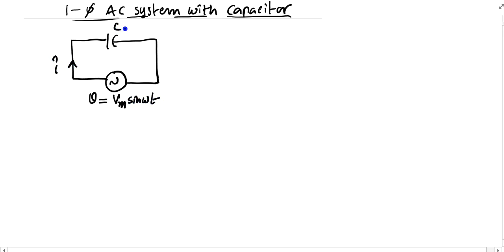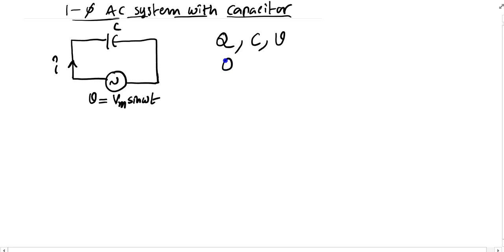As we know, a capacitor always stores energy in an electrical field, so the capacitor always has charges. If you recall the background concept which you studied in +2, the charge, capacitor and voltage concept, what is the relation between Q, C and V?